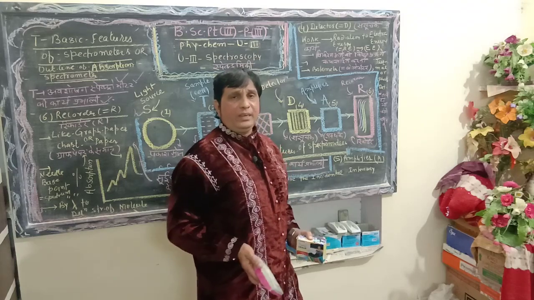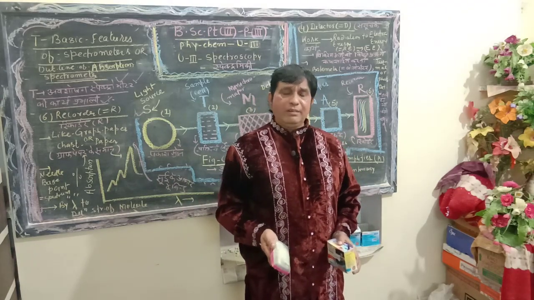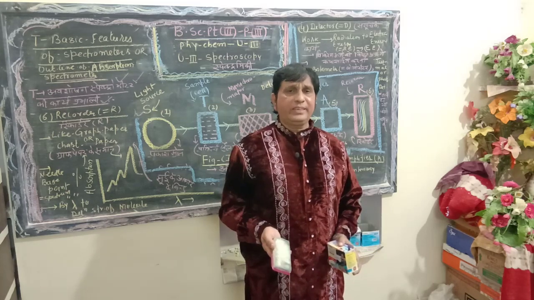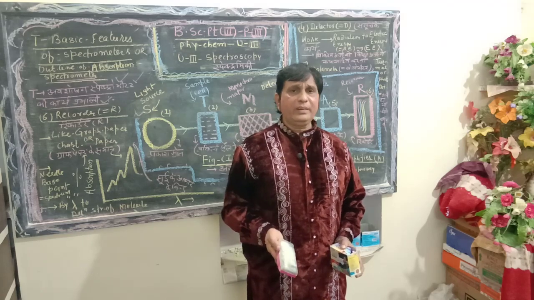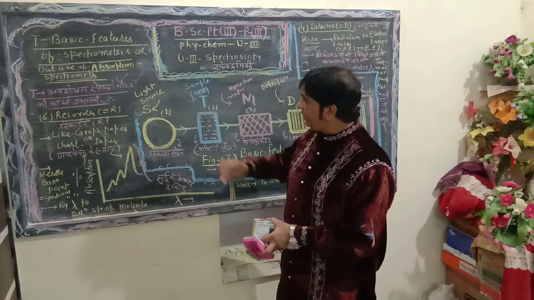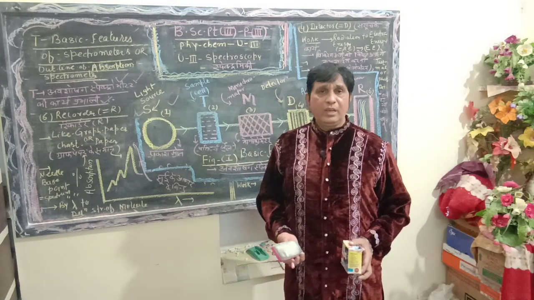I mean to say, the spectrometer is a connected device of 6 parts. Let us try to understand their important features and functions one by one. Look at the blackboard here. S denotes the light source.